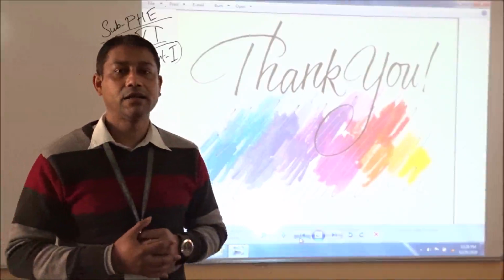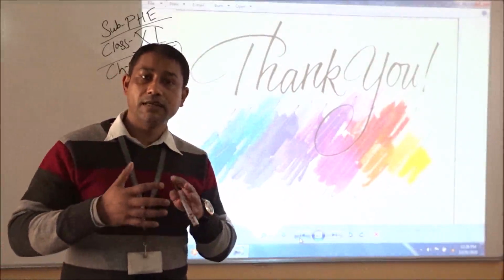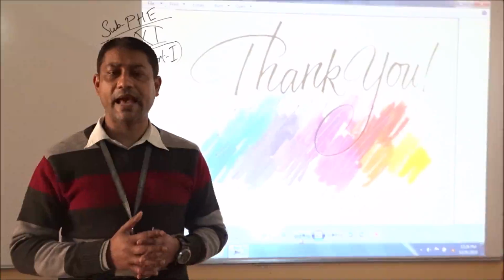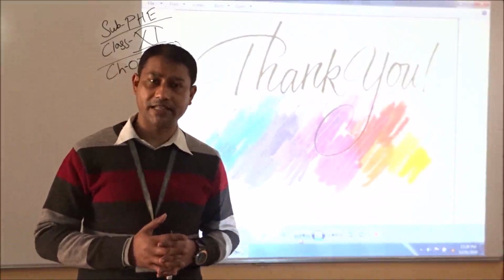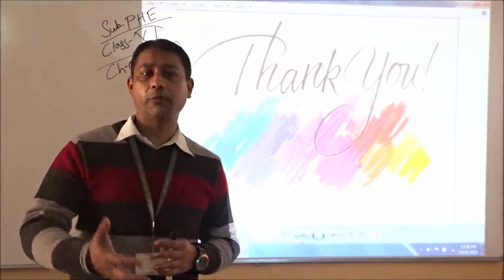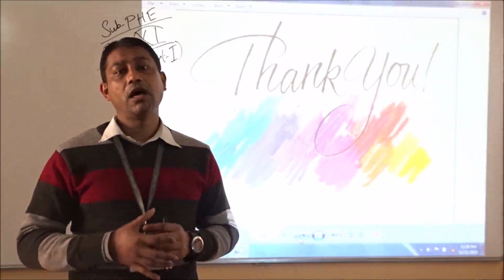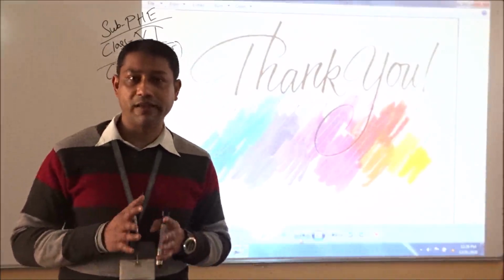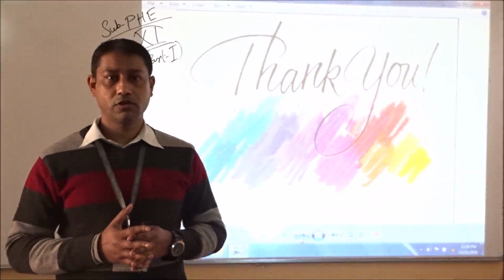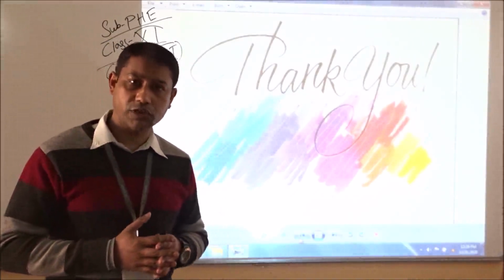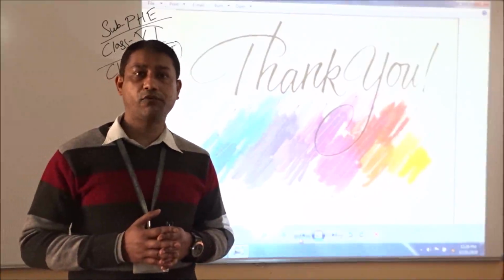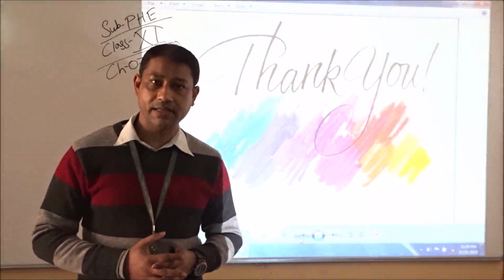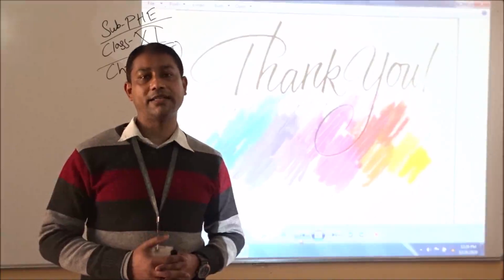Followed by that, we have discussed several importance of test, measurement and evaluation in games and sports. Followed by that, we have discussed how to calculate the body mass index and waist-hip ratio. So with this, we come to the conclusion of part 1 of chapter 7, that is test, measurement and evaluation in sports.